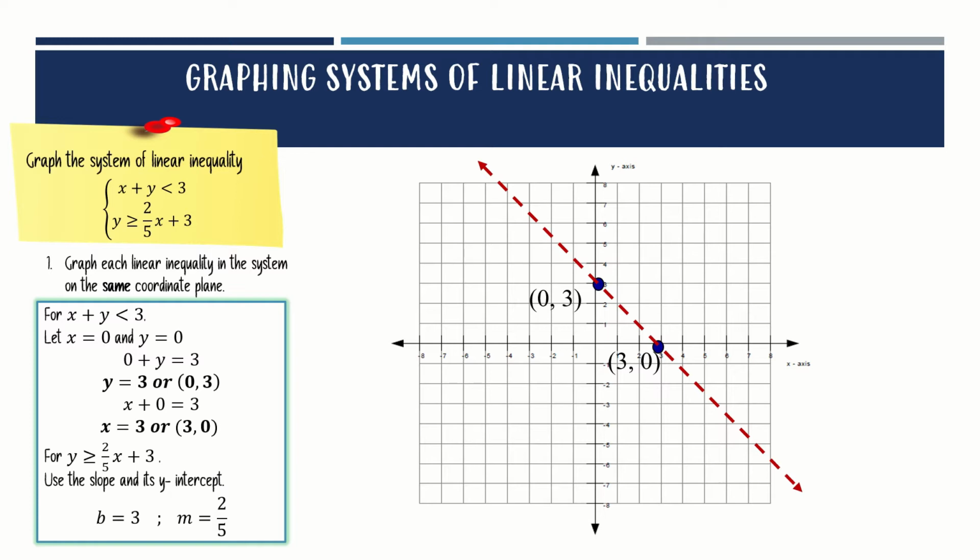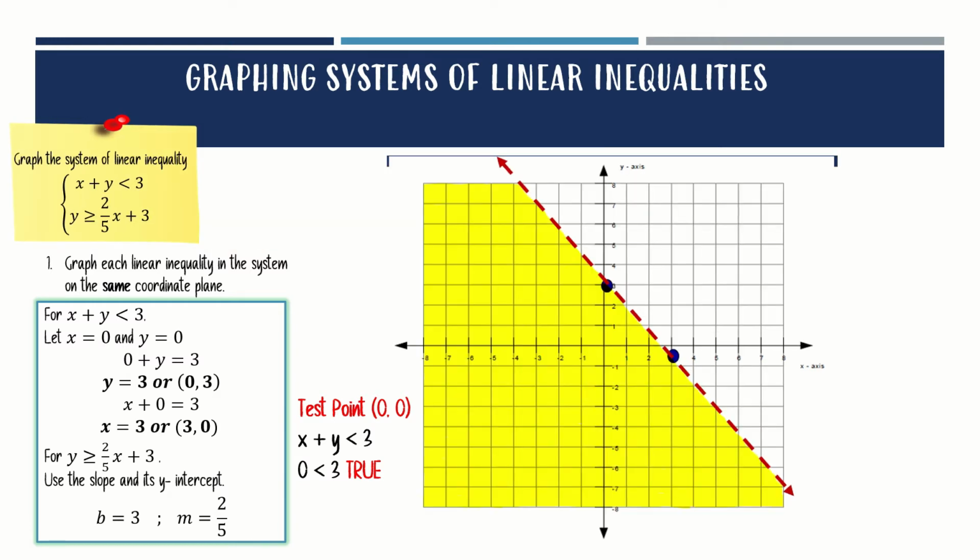Since the line did not pass through the origin, we can use 0, 0 as our test point. Substitute 0, 0 in the inequality x plus y less than 3, we have 0 less than 3. The result is 0 less than 3. And 0 less than 3 is true, therefore we will shade the half plane containing the origin or the test point.